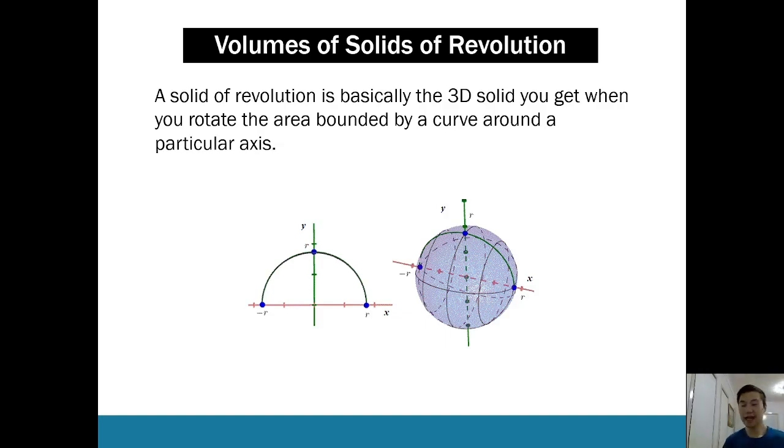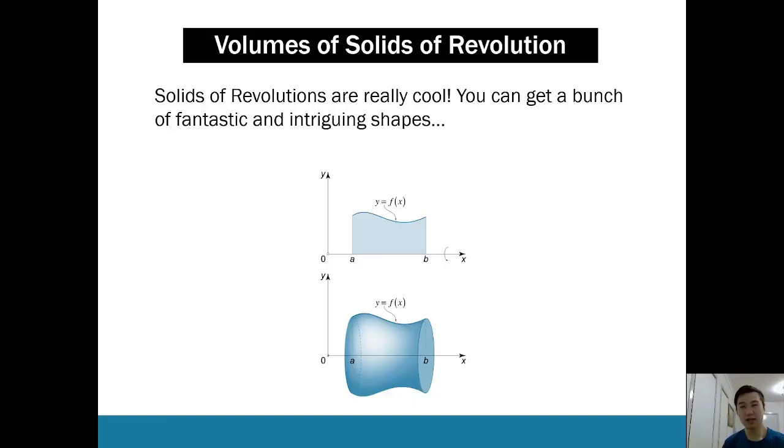Okay, so in Extension 1, you also learn how to do volumes of solids of revolution. Basically, a solid of revolution is the 3-dimensional solid that you get when you rotate the area bounded by a curve around a particular axis. I really love this topic because I love the shapes you can get with solids of revolution.